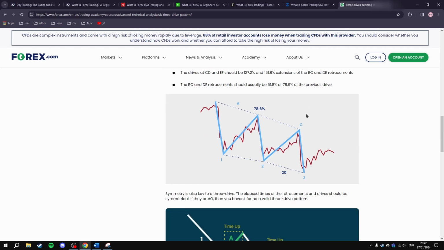Symmetry is also key to a three drive. The elapsed times of the retracement and drives should be symmetrical.